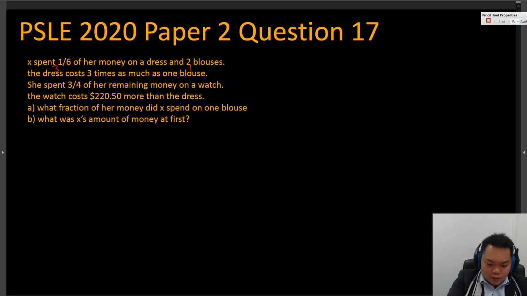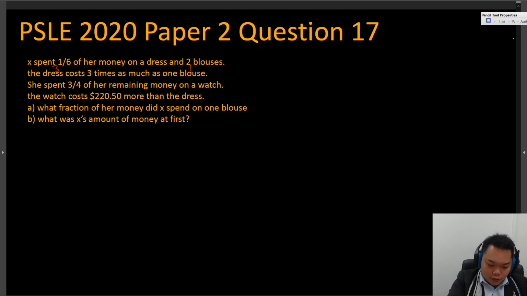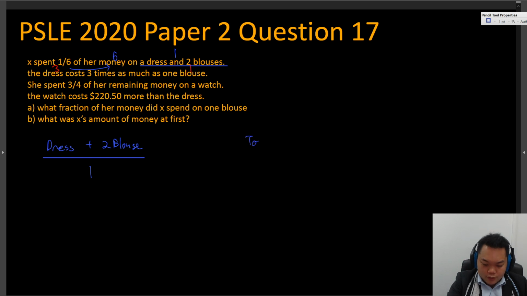Right, so to deal with this, let's allocate the units first. Now, X spent 1/6 of her money on a dress and 2 blouses. Correct? So they got a dress and 2 blouses, which cost her 1 out of a total of 6, the remainder of 5.